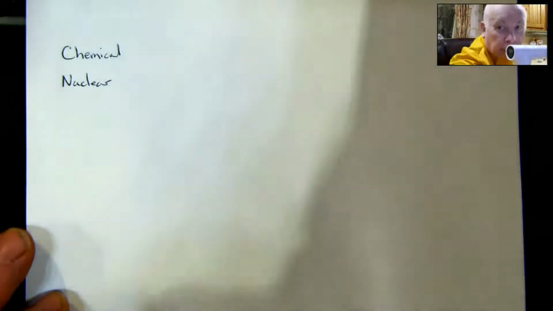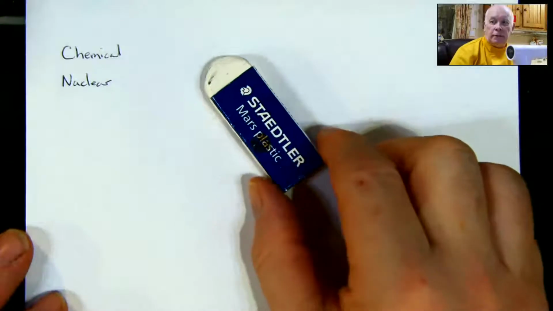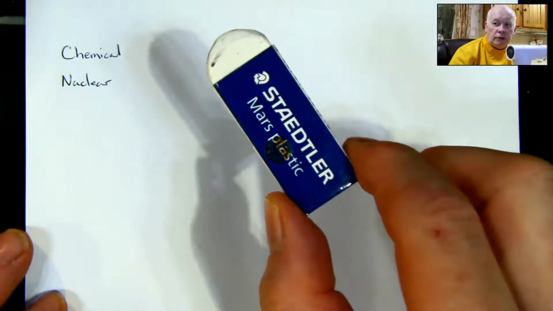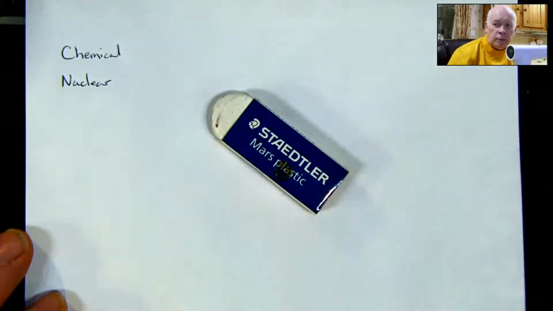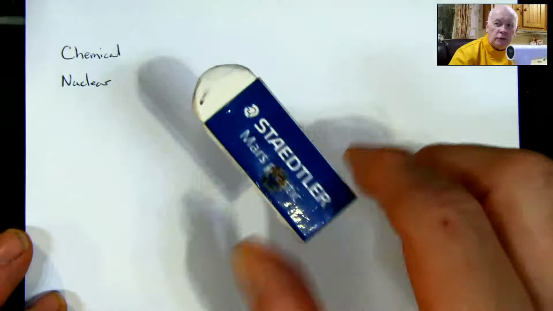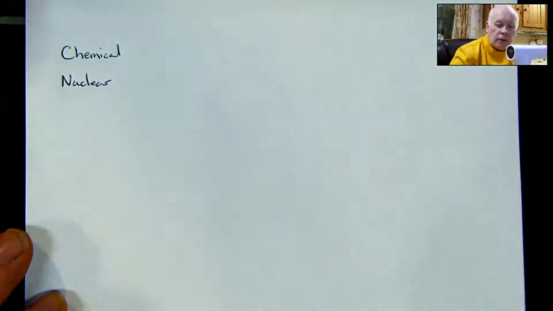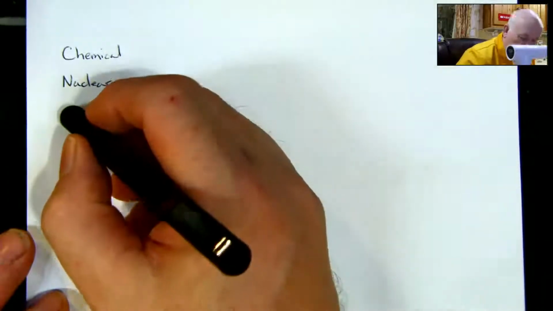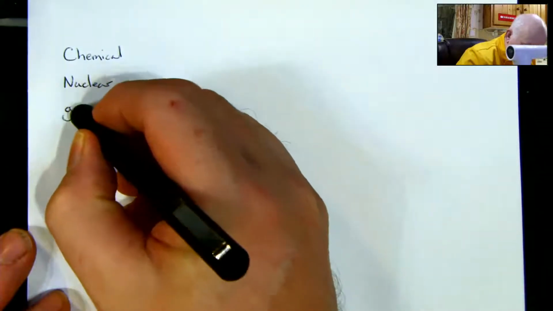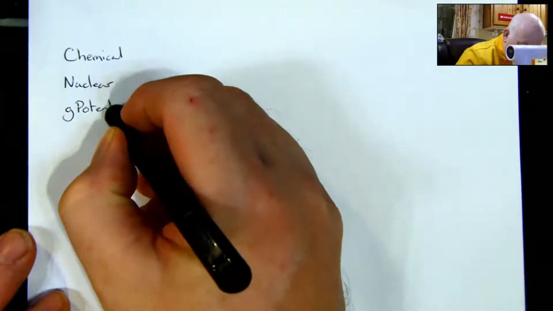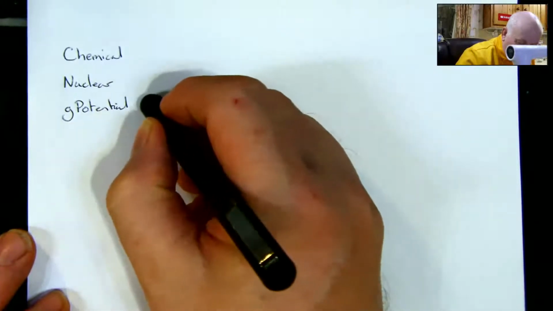My example here is I can lift my rubber up. It's got energy, and when I let go, we lose energy. And this energy is changed from one thing to another. It's changed from movement into sound. So we've got GPE, gravitational potential energy.